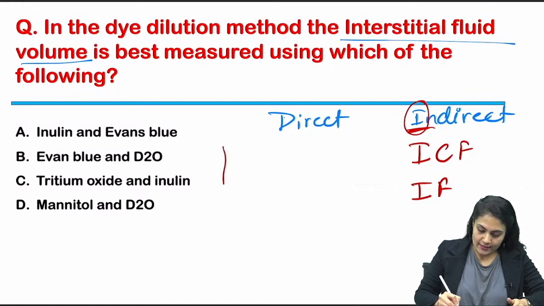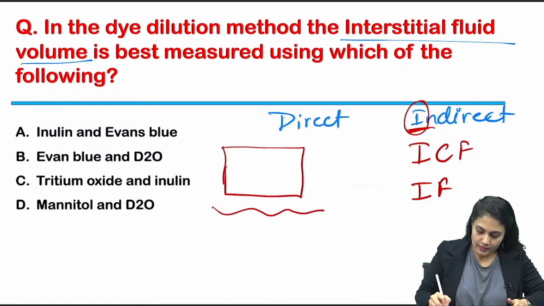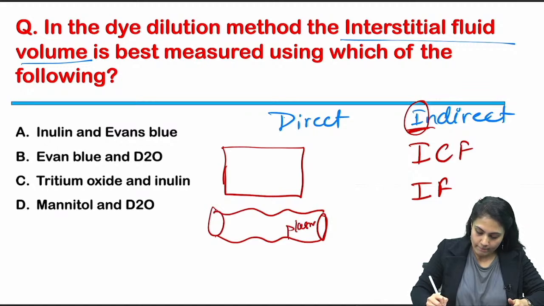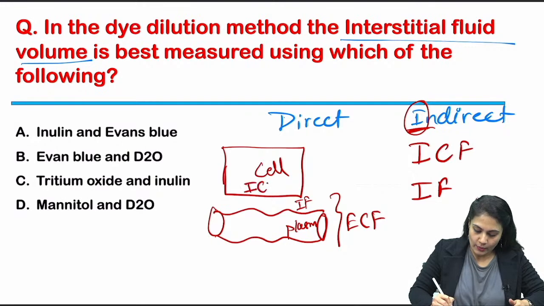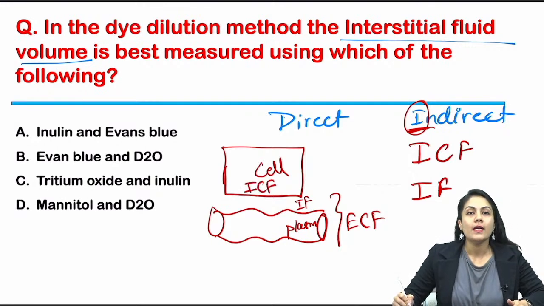Suppose this is the plasma, this is the cell, and in between we have interstitial fluid. Both plasma and interstitial fluid together are called extracellular fluid, and inside we have intracellular fluid, right?